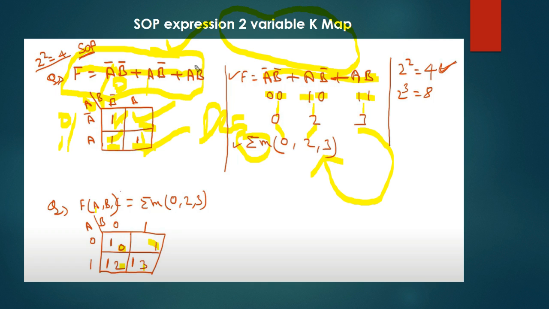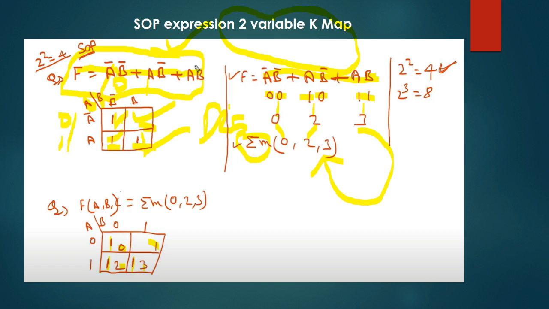As you can see, 3 of the cells are replaced with a value of 1. Here we have placed 1, in this cell we have placed 1, in this cell we have also placed 1, but as you can see this cell is vacant. Why is that?